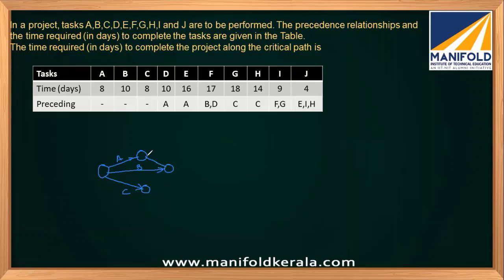So this will be D. B and D merge to form F, so I can put F. G is from C. H is from C. F and G are merging together, so one of these has to merge here.